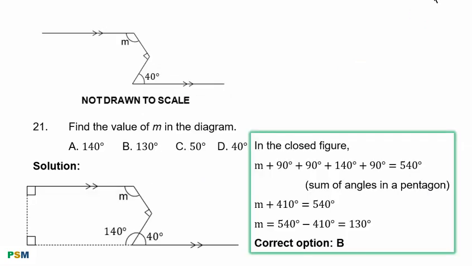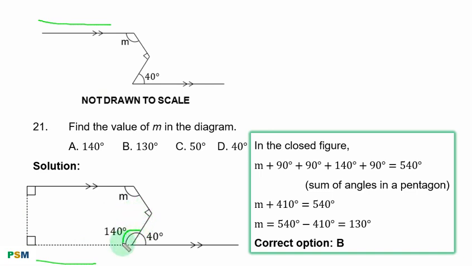Question 21. Find the value of M in the diagram. Solution. To do that, we simply adjust this diagram to this form by extending this side and closing this side. For us to have angle 90 degrees, this angle is also 90 degrees.